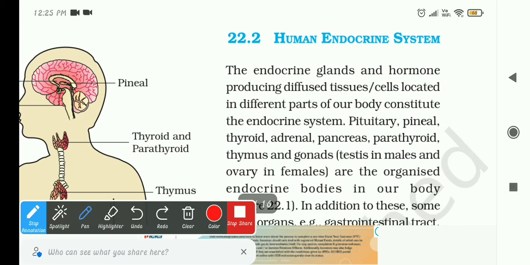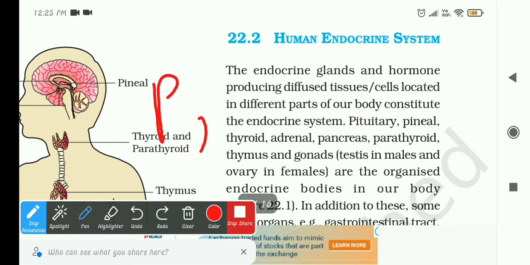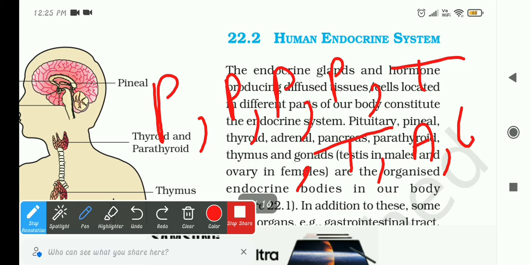So we have some hormones: pancreas hormone, pituitary hormone, pineal hormone, parathyroid hormone, thyroid hormone, thymus hormone, adrenal hormone, and we have the gonads also.